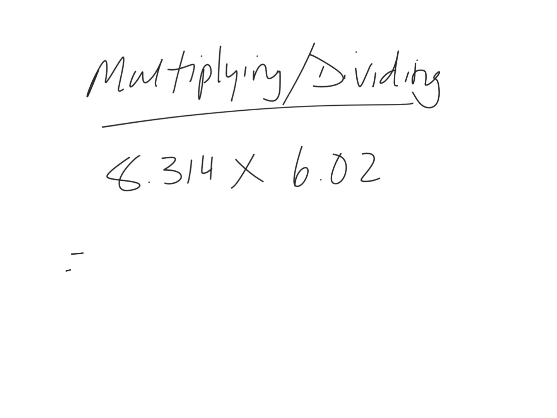On the contrary, maybe not technically on the contrary, but a different system is when you're multiplying and dividing, you look at how many significant figures are given in each value. So this value has 4 significant figures, and this value has 3 significant figures. If you're not sure how we assign that, go back and look at the rules for assigning significant figures and do some of the practice on that, and it'll become a lot more clear.